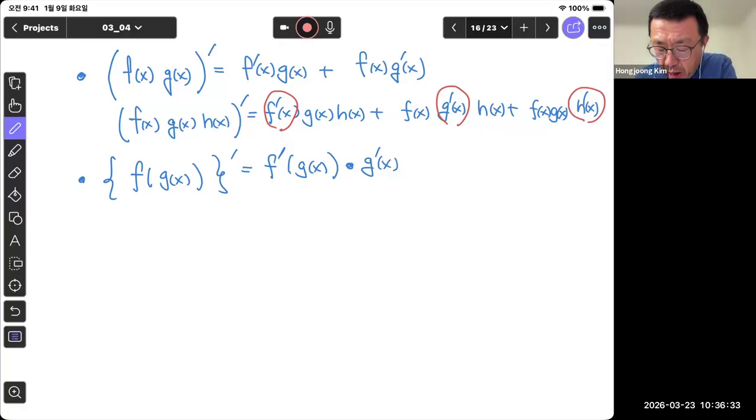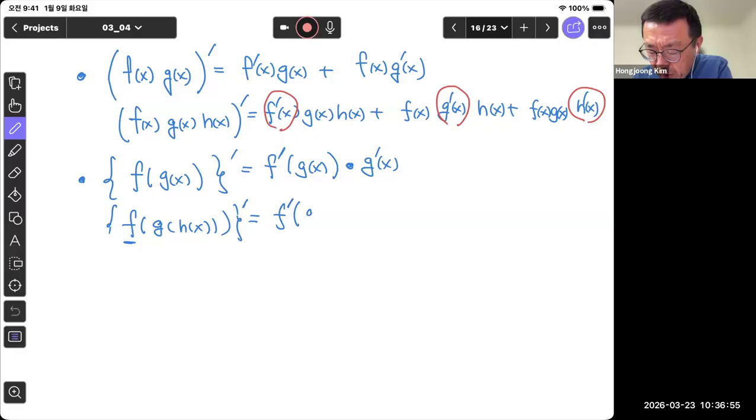If you have the composite of f(g(h(x))), when this function is differentiated, you first differentiate the outer function, which is f. So f prime evaluated at the inner function, and in that case the inner function is g(h(x)).